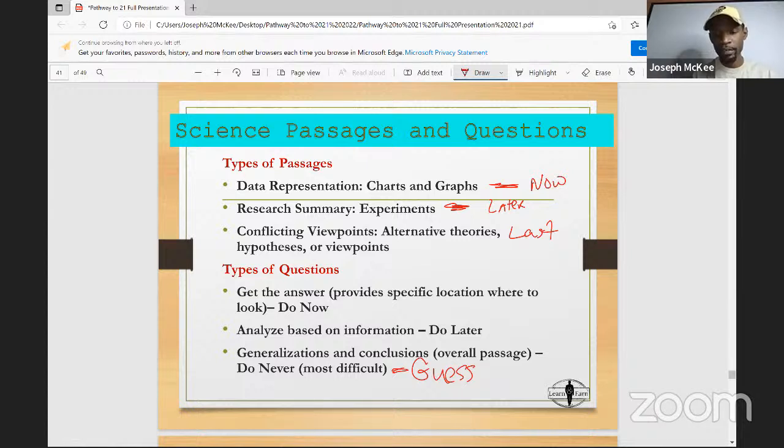Take that letter that you've already decided and put a special mark beside it. And now when it's time for review, you can know where to go back and analyze. So it's important that you practice so you can determine which passage type you need to do first, and then which types of questions you need to do first inside of each passage type.